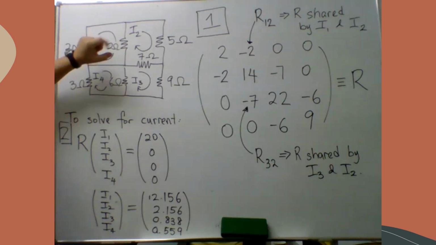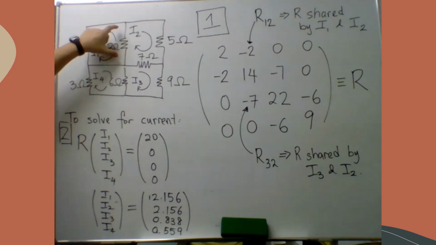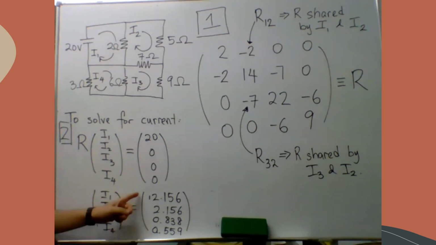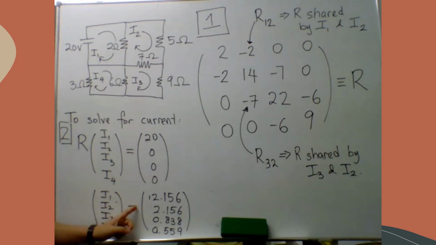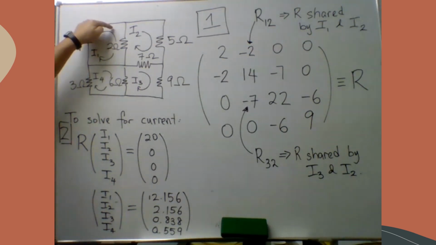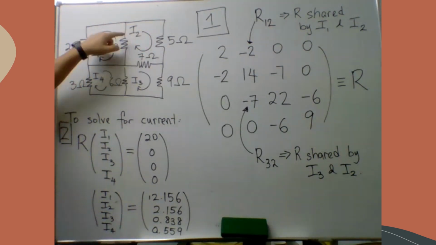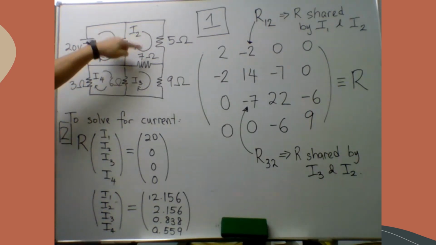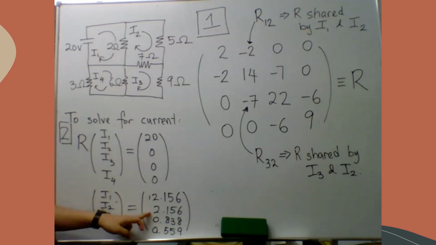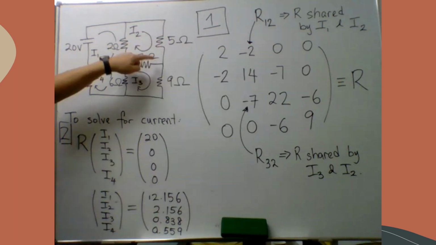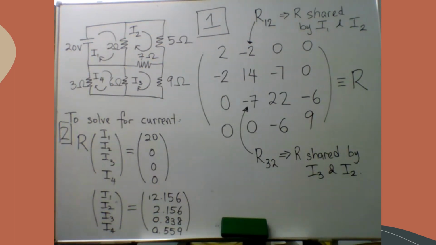So you have to take the difference between the two, I1 minus I2. So I1 minus I2 is going to give you 10 ampere, right? So this is going to be 10. And then the remaining will be the one that is going over here. So this is going to be the same as I2. So I2 is going to be 2.156 ampere, the current that goes through here.